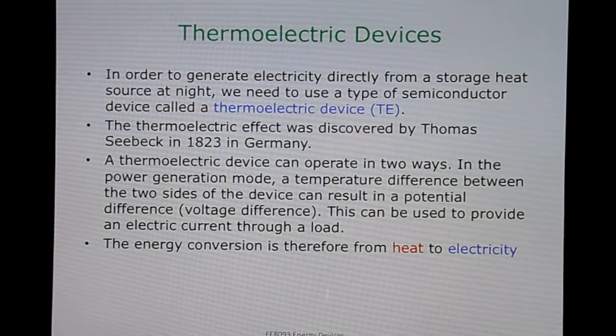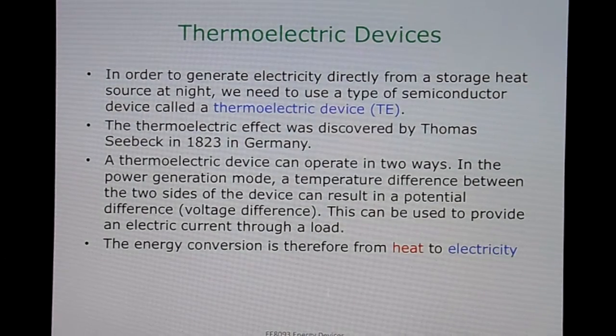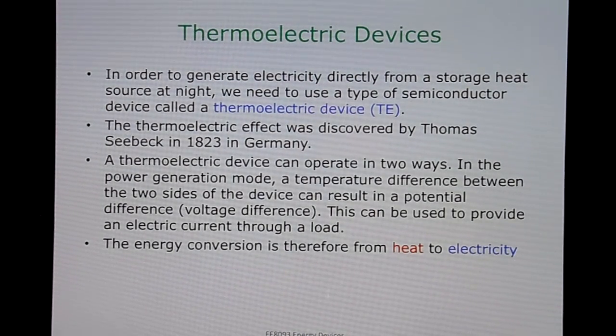Now, the other mode of operation for a thermoelectric device is called the Peltier effect, or the Peltier mode. And here we mention it briefly. It is the reverse of the Seebeck effect.